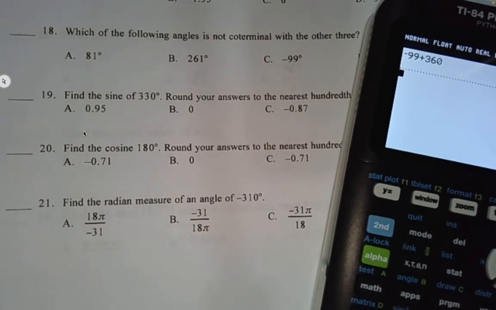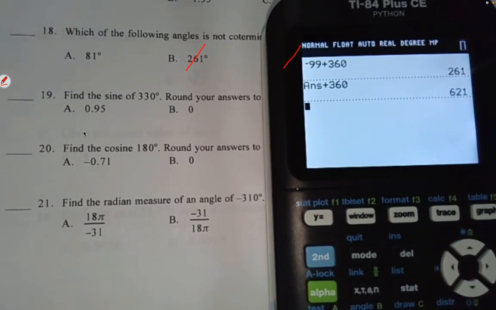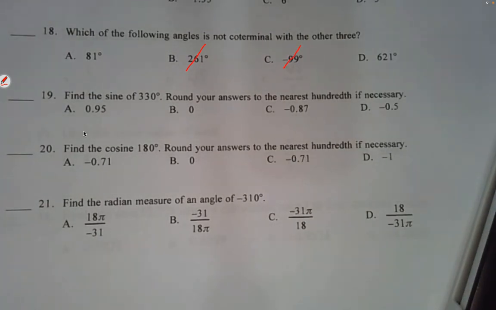261. So I know these two are coterminal. Then what would you do again? Add 360 again. What is that? 621, which is that one. So which one was not coterminal? 81.